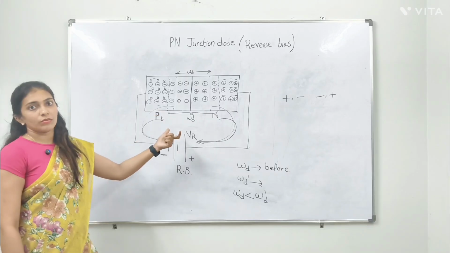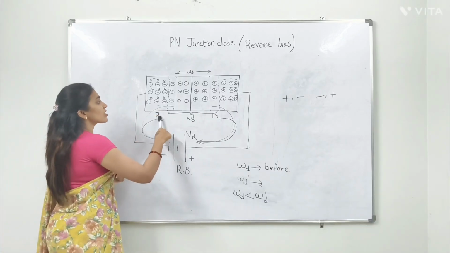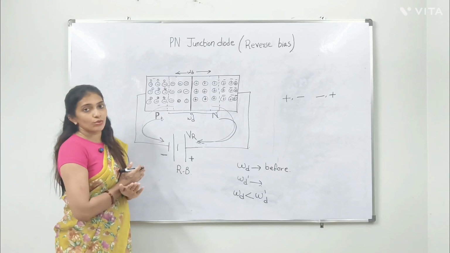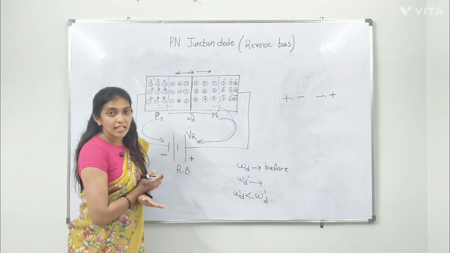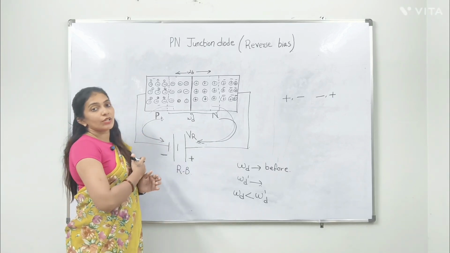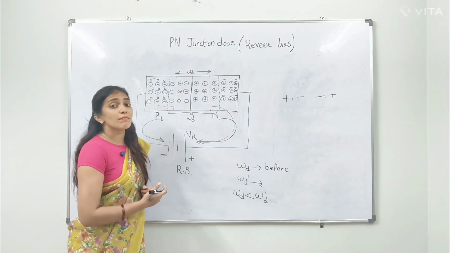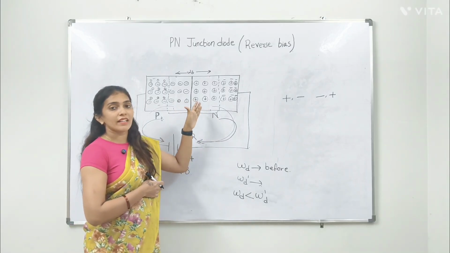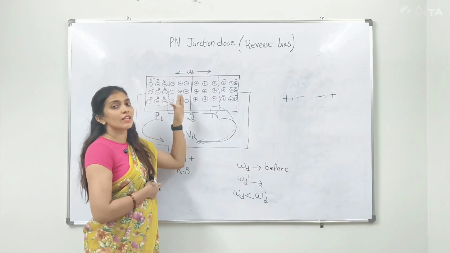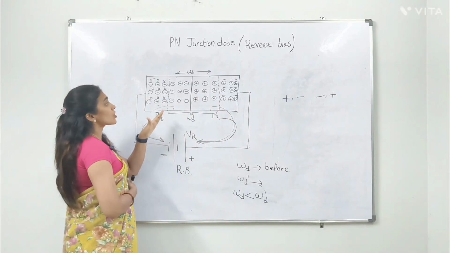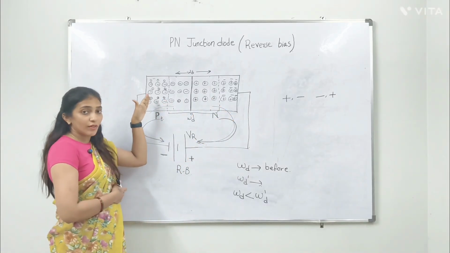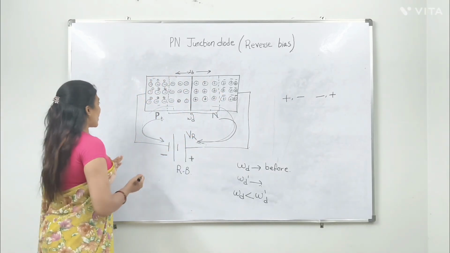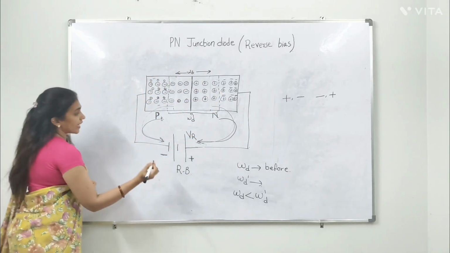The depletion width is more now. You already know, if the depletion width is more, then what happens? There is no chance of movement of charge carriers from one region to the other region. Why? Because the depletion width acts like a wall, like a barrier potential between the P region and the N region. So there is no chance of movement of charge carriers from P to N as well as N to P.